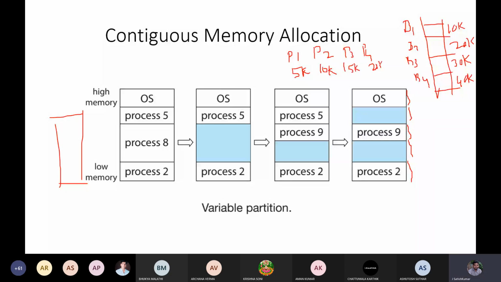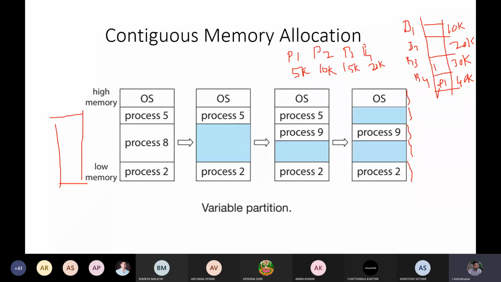Now, can process P1 go to block 1, block 2, block 3, or block 4? It can go in any block, right? Suppose P1 is going in block 4. Now, P2 needs 10 kilobytes. It can go to block 1, block 2, block 3. It can go in any block.